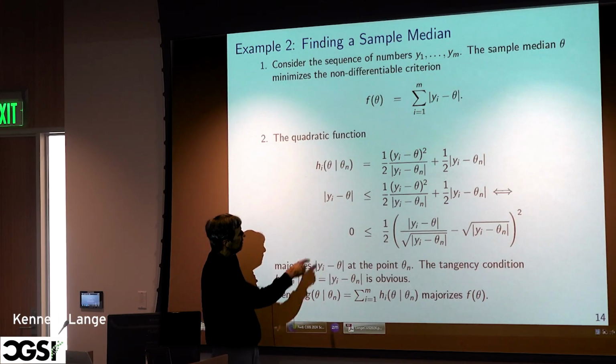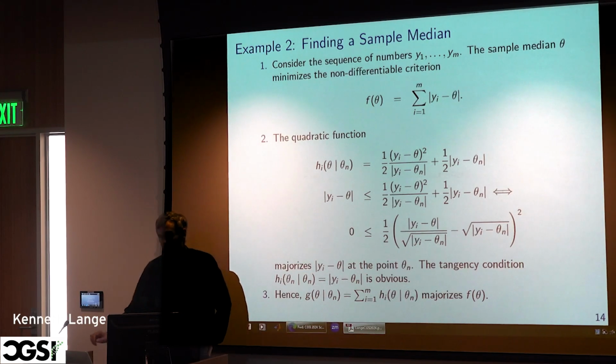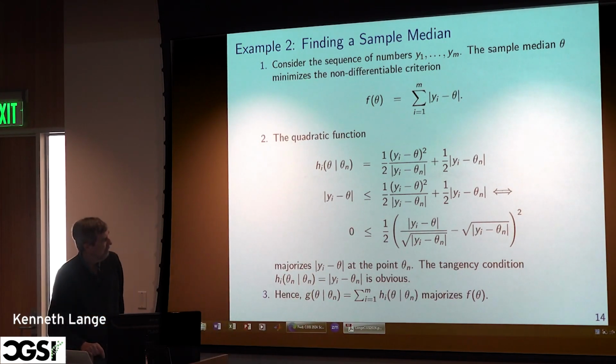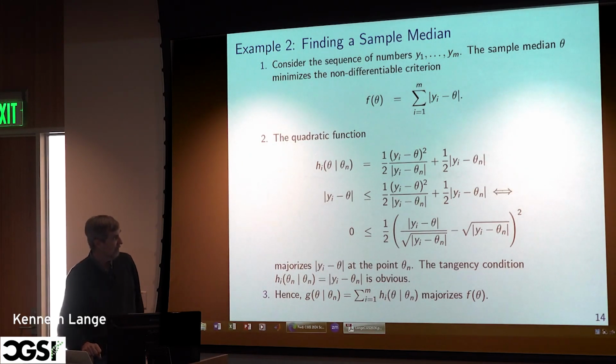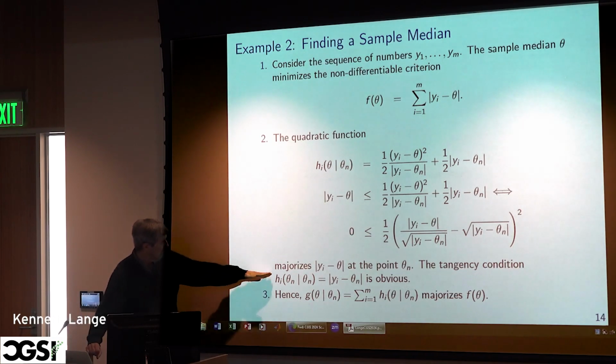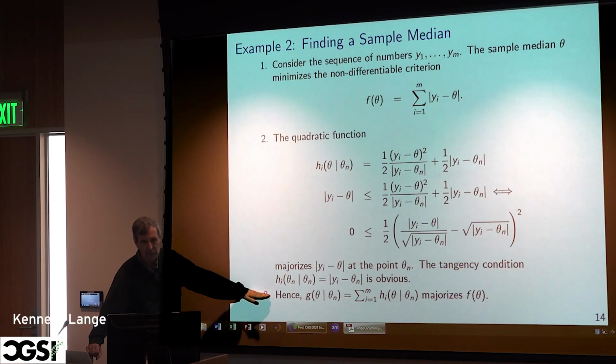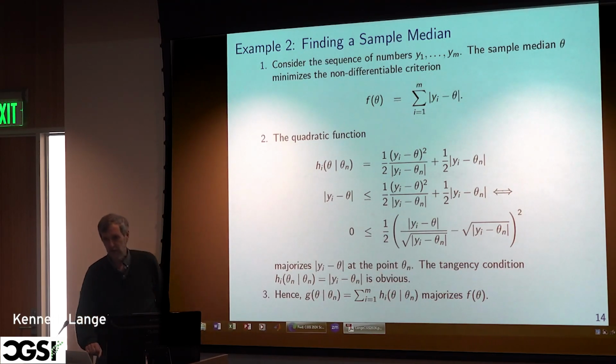If you rearrange this inequality, you get an inequality which is obvious. And that inequality is actually, both sides are actually 0 when theta equals theta n. Okay? So you have a nice majorization. You have the tangency condition. And because you can work piecemeal, you have the overall majorization.